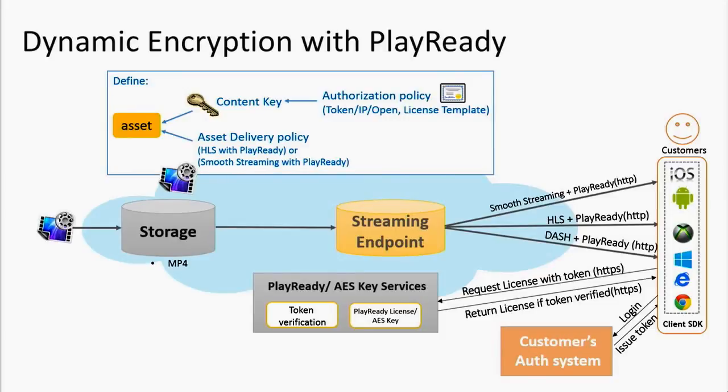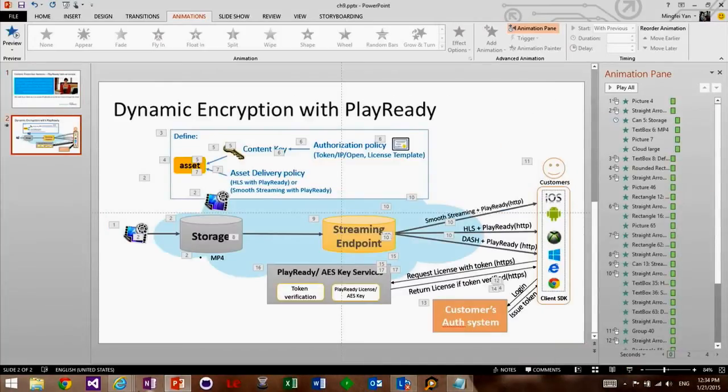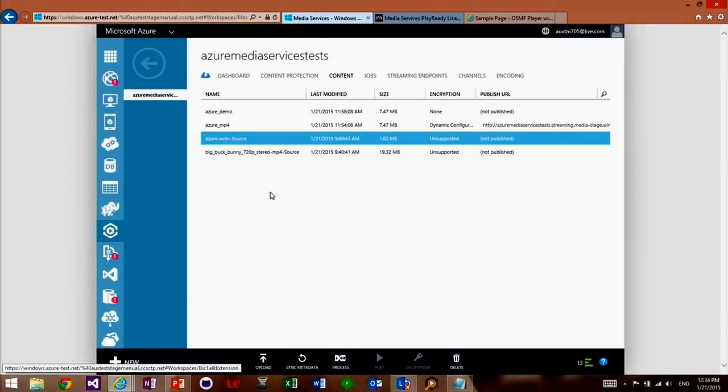Our service will validate the token and return a license if the token is valid, and the whole license exchange happens over HTTPS. After your media player receives the license, you could further decrypt the content and get the content playback. Now let's take a look at how to do it through the Azure Media Services portal.